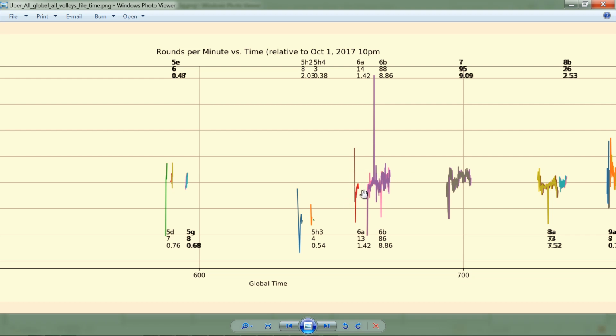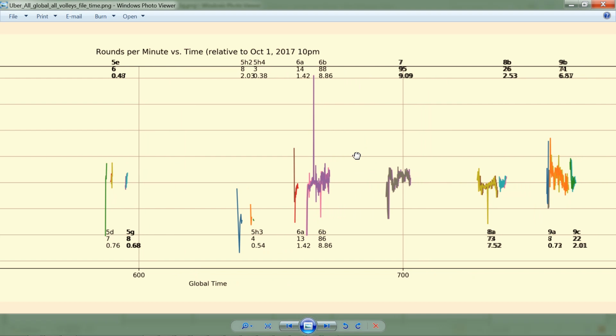Anytime there's a gap of more than about 0.3 seconds, I go ahead and create another grouping, because otherwise you get a lot of these big spikes that just dominate the graph, and it becomes less usable. So anyway, we're at volley 6.